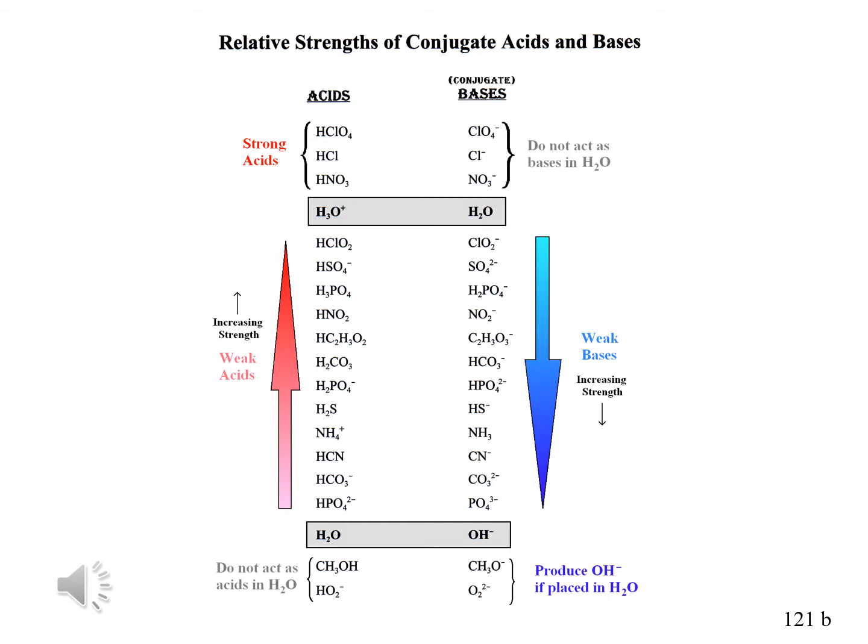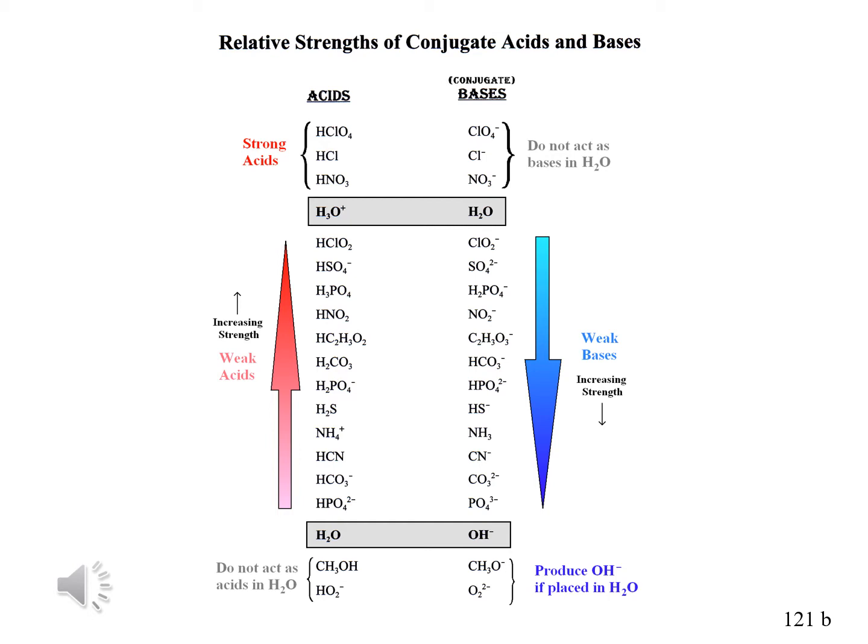And I want to show in the first problem how you go about calculating in the lab the Ka of a weak acid. You're going to have an experiment where you calculate Ka of a weak acid that's done by titration.